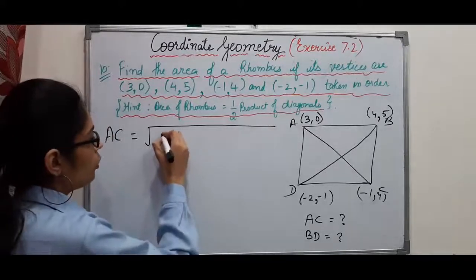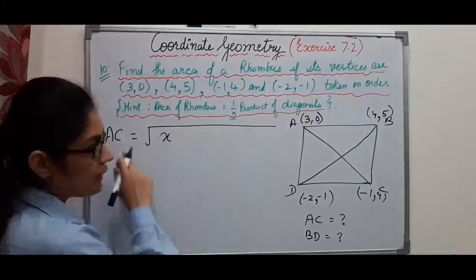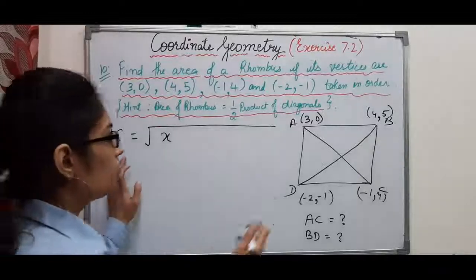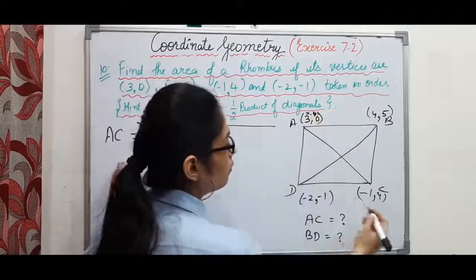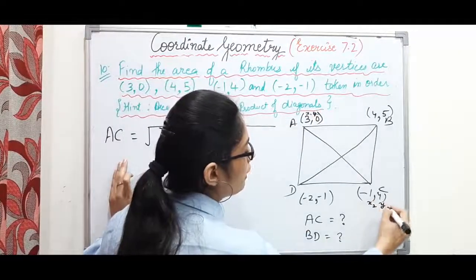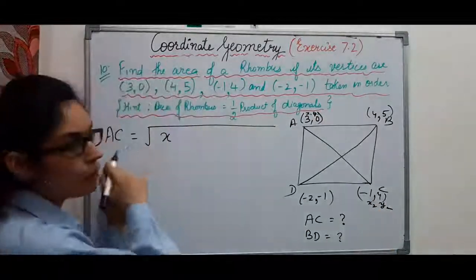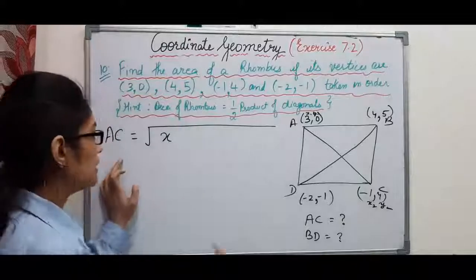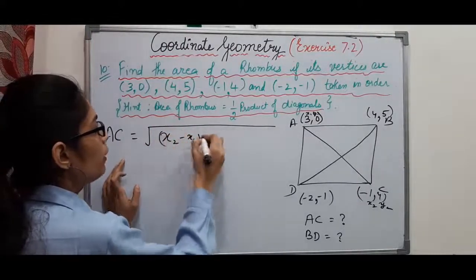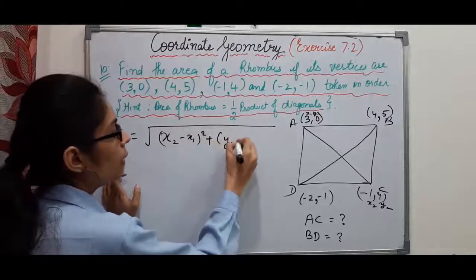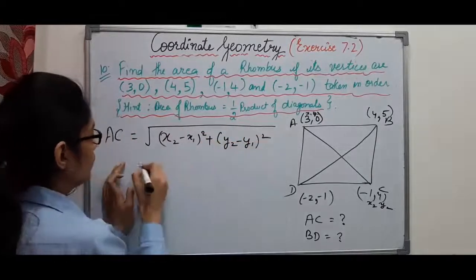So distance formula, it is square root. So AC if we are finding, I will name the points: the point A is x1, y1, and this C will be x2, y2, because we are finding the distance of AC. So distance formula is square root of (x2 minus x1) whole square plus (y2 minus y1) whole square.